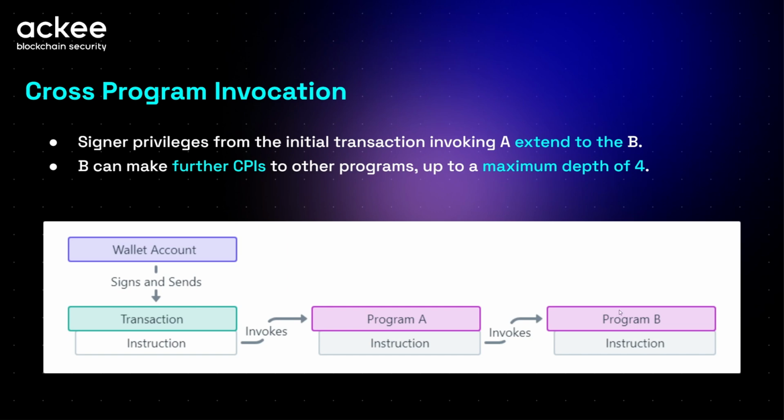Program B can further create cross-program invocations to other programs up to a maximum depth of 4.